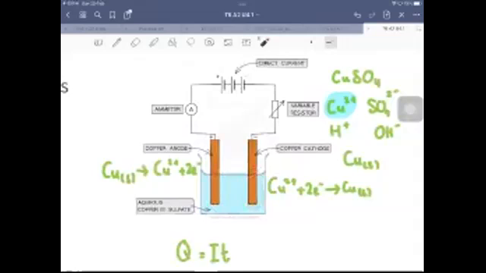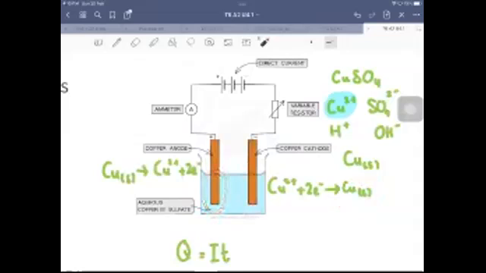So moving on to step number 5. Remove the cathode and anode, wash and dry them with distilled water and then propanone. So basically you just want to clean them, making sure you do not have any impurities sticking onto your electrodes. The mass of the cathode should increase because we're producing a solid layer around the cathode, whereas the mass of the anode should decrease, okay?